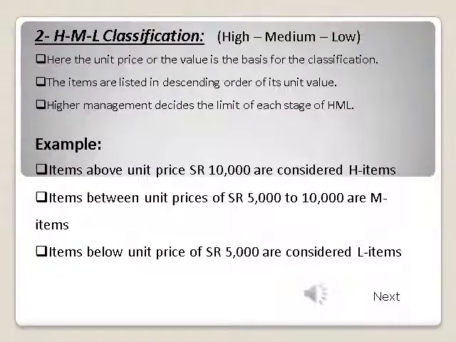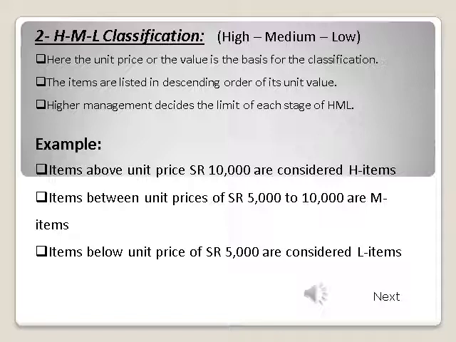This particular slide talks about classifying the inventory based on the unit price alone. We have an upper bracket of high, a lower bracket of low, and a middle bracket of medium. Again, it depends on management what bracket ranges they want to use.